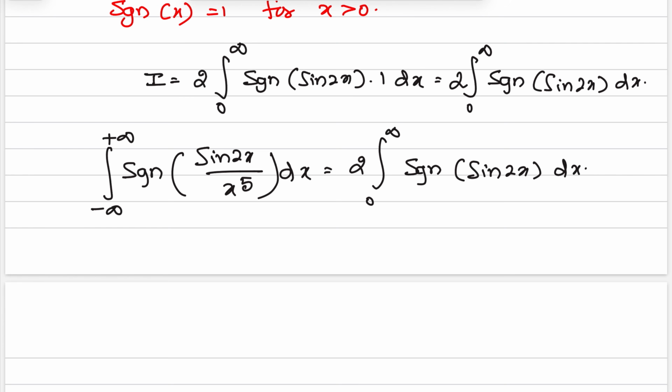Now, what we have to study to ultimately find out the value is the behavior of this function. We have to find out the behavior of signum sin 2x.